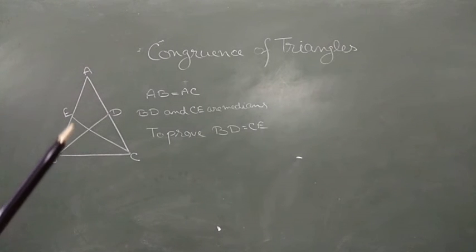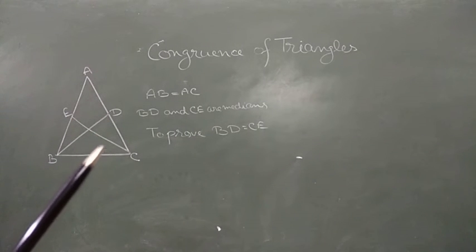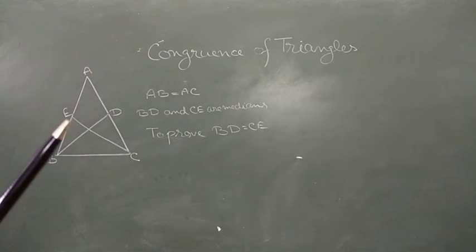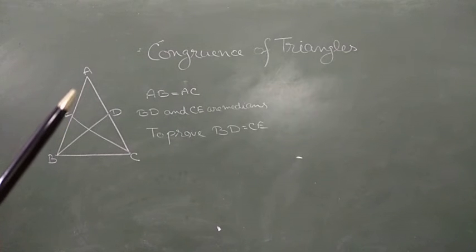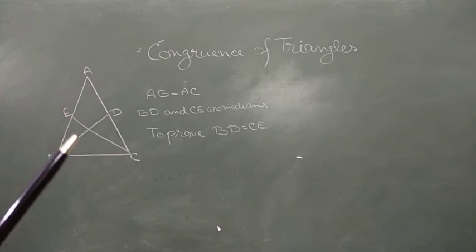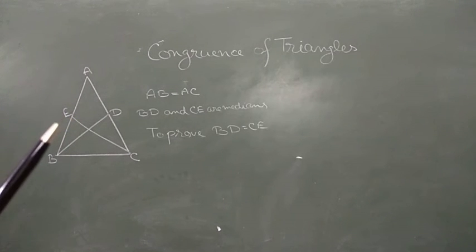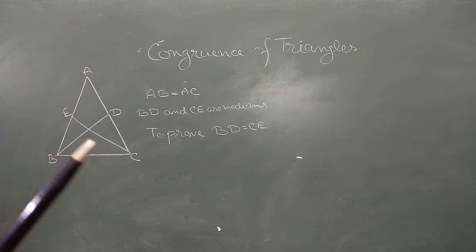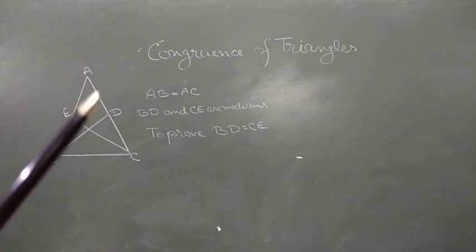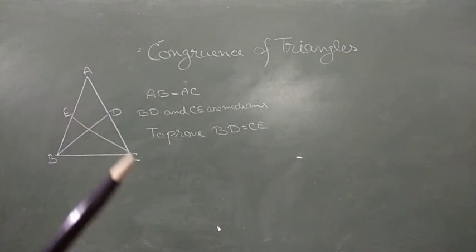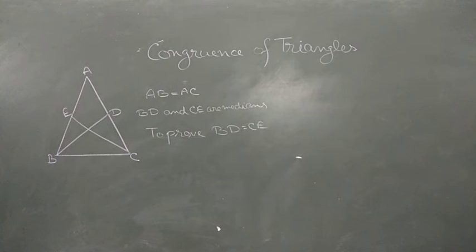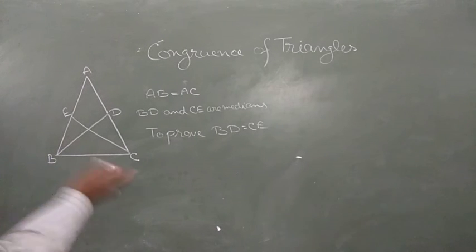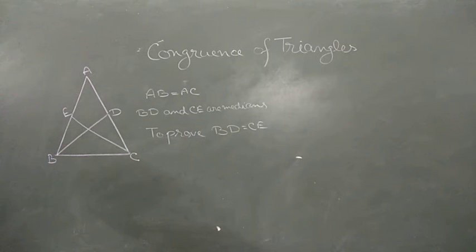BD and CE, these two are medians. We have to prove that the medians are equal, BD equals CE.